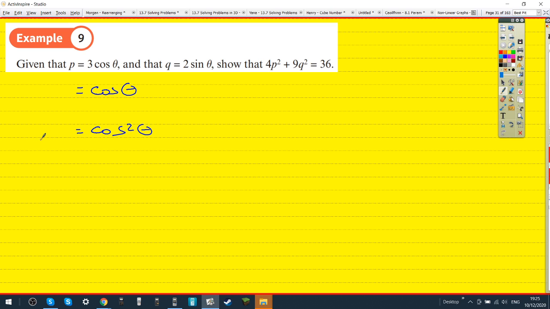Okay. So would it be 9 cos theta? Hold on. So what would cos theta be equal to? P. Oh, no. 1 over P.